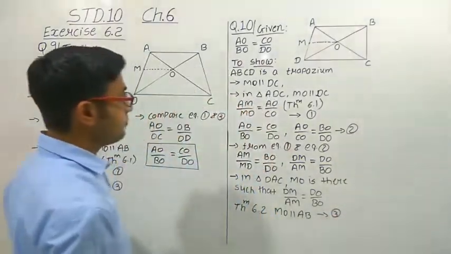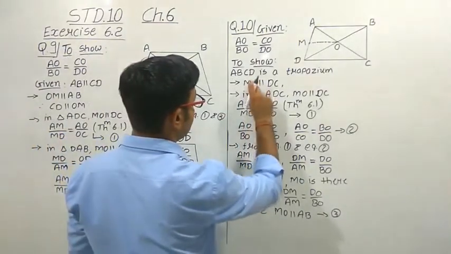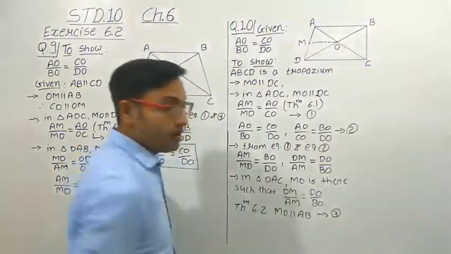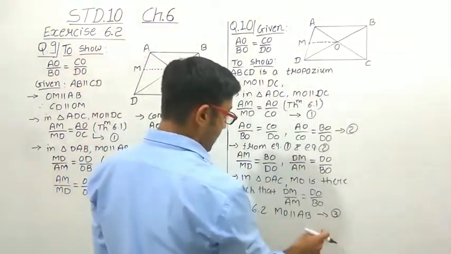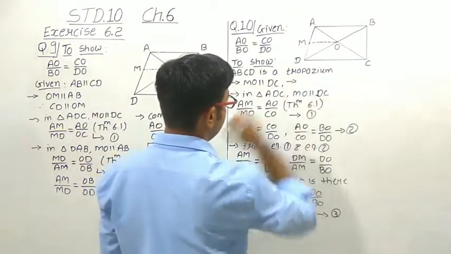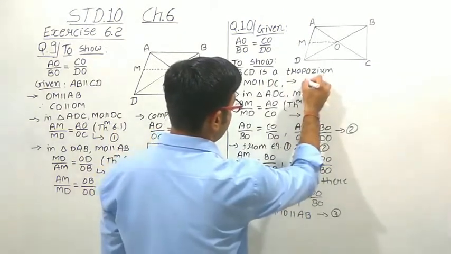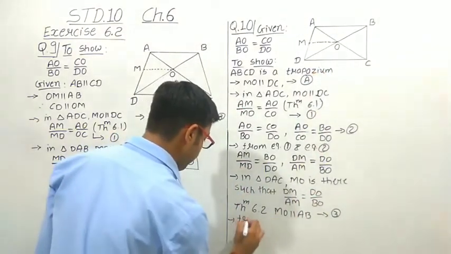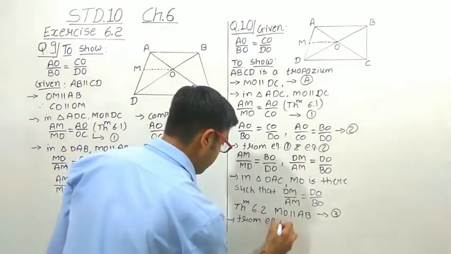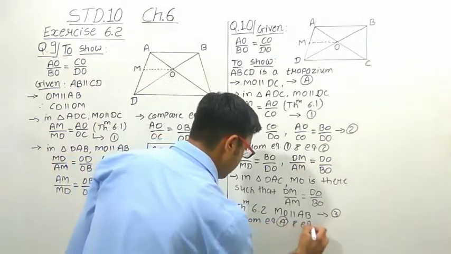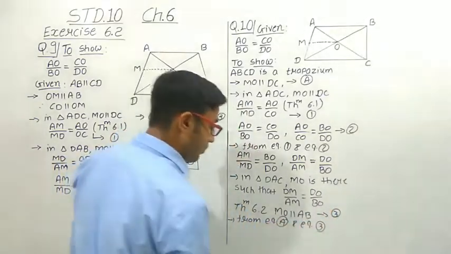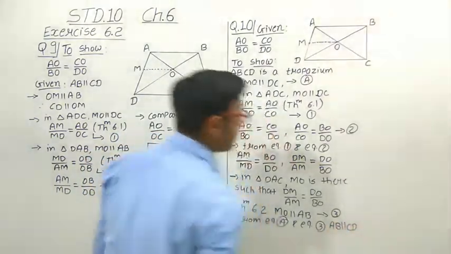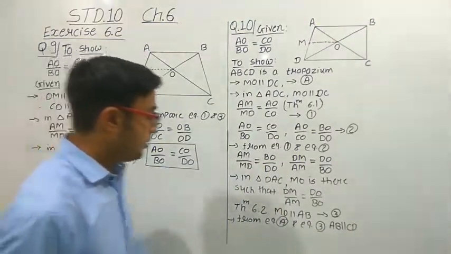Now see, we considered that MO is parallel to DC, and here we get MO is parallel to AB. Give the first one equation number A. So from equation number A and equation number 3, we can write down that AB is parallel to CD.